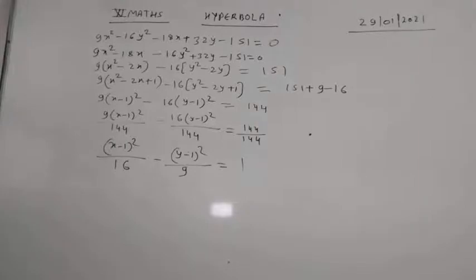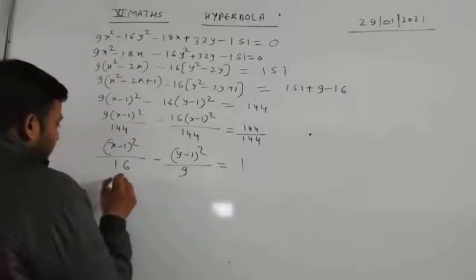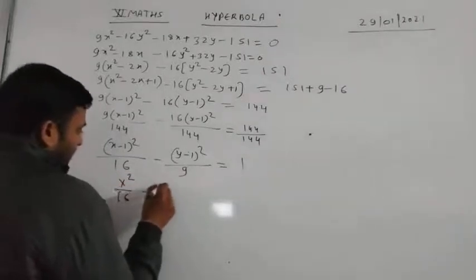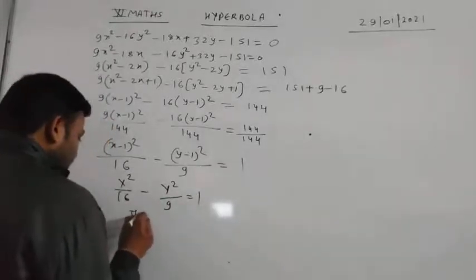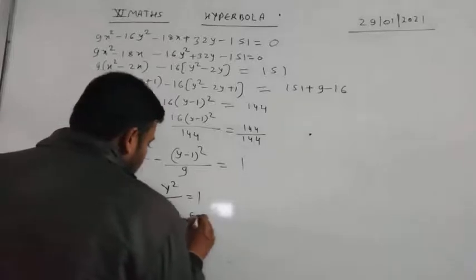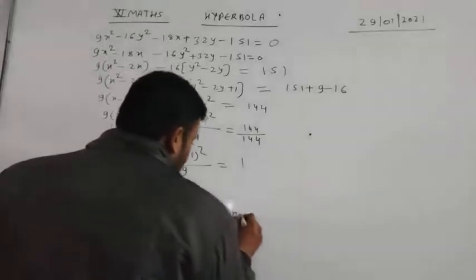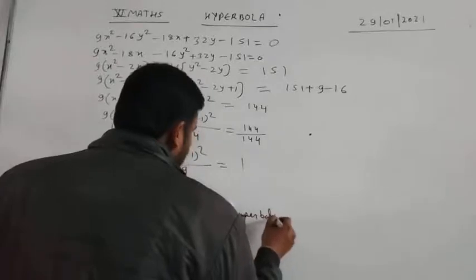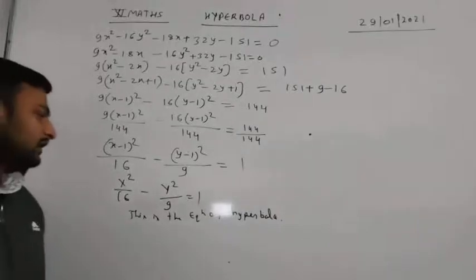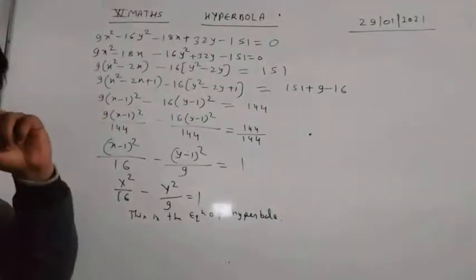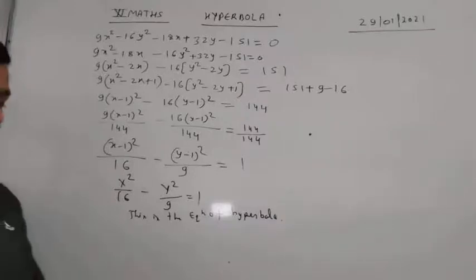So when we take capital X square by 16 minus capital Y square by 9 equal to 1, this is the equation of a hyperbola. This is the standard equation of a hyperbola. From this equation, we can find our vertex, center, foci, directrix, and latus rectum.